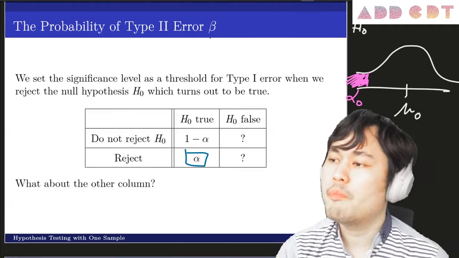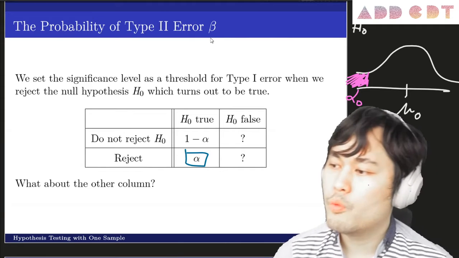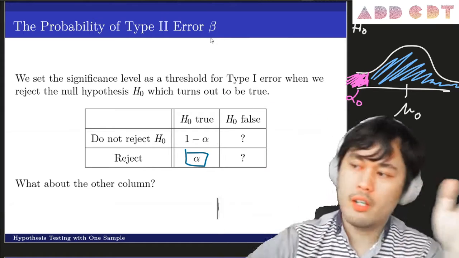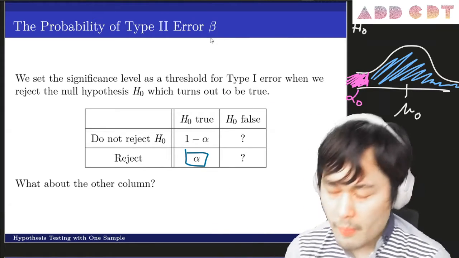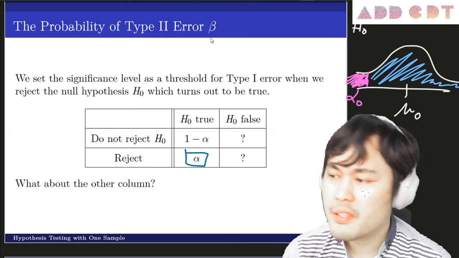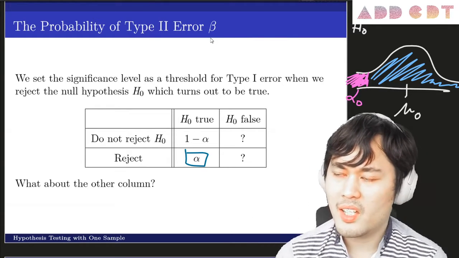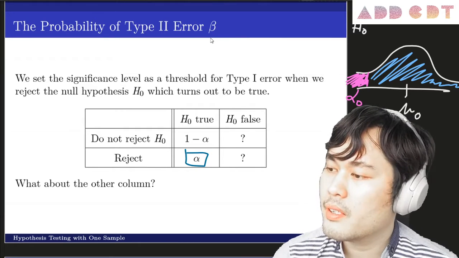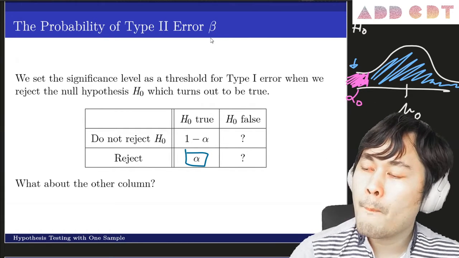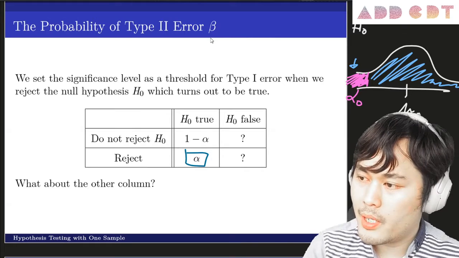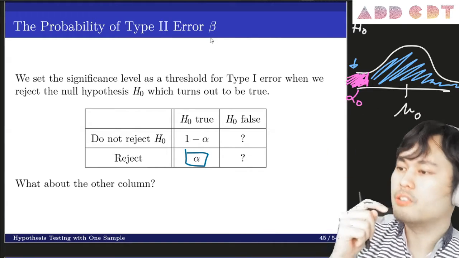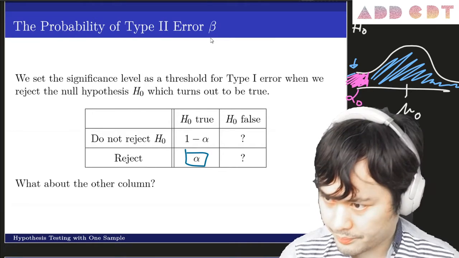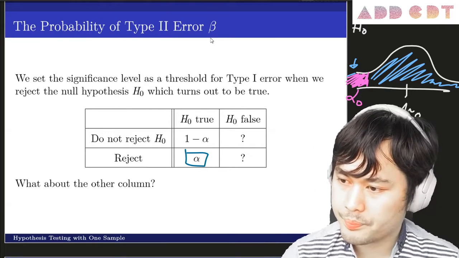Most of the samples will fall into this large area on the right, most of the time. But sometimes, on a rare chance, by pure luck or other random factors, we are going to get here. And once we get here, our policy tells us that we have to reject H naught. In this case, we incorrectly reject the hypothesis.